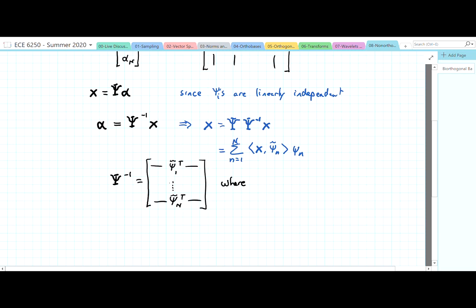So that means that psi tilde n transpose is the nth row of the matrix psi inverse.